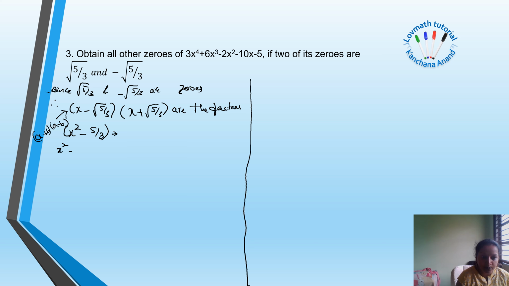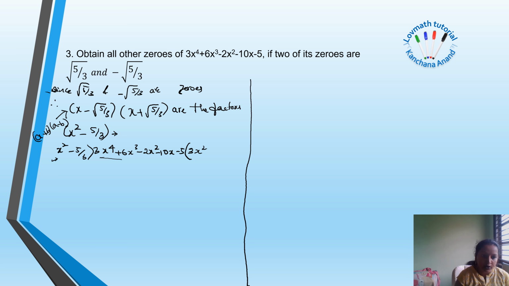x square minus 5 by 3 divided into 3x to the power of 4 plus 6x cube minus 2x square minus 10x minus 5. To divide the polynomial, we have to multiply the divisor by 3x square.